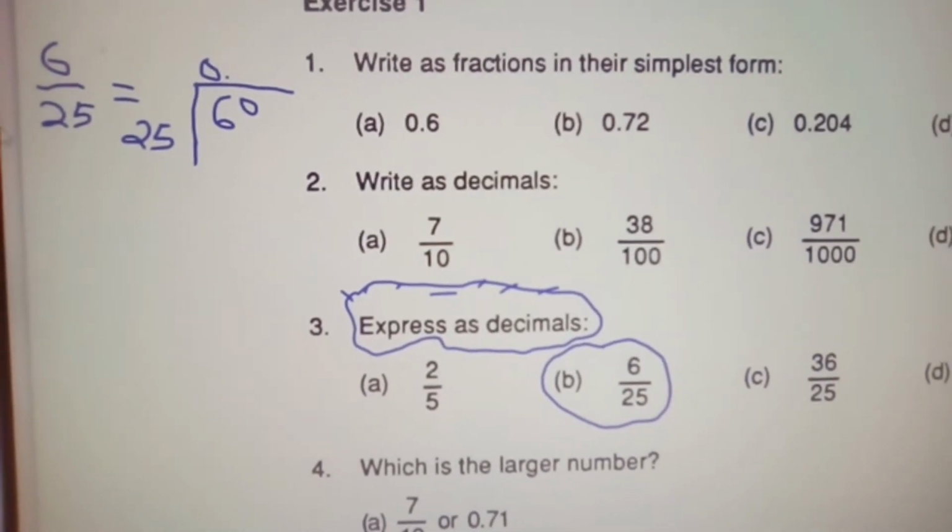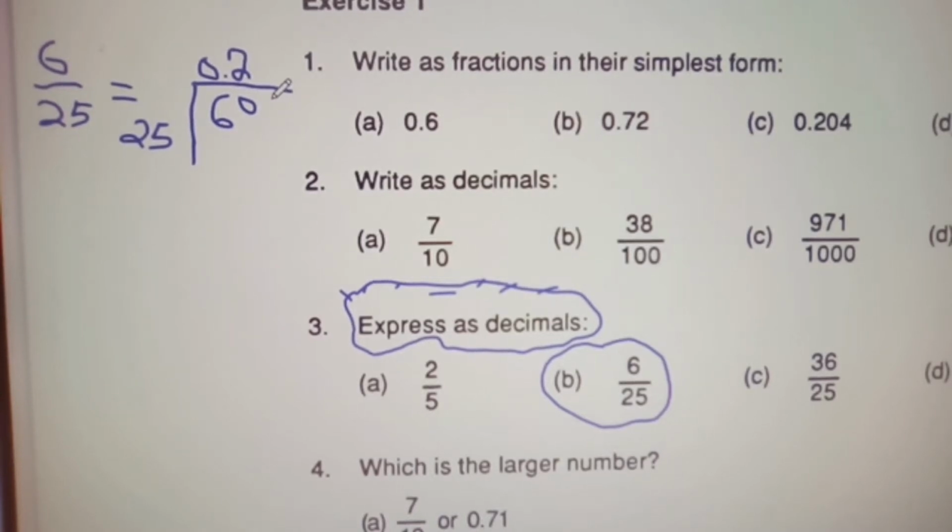It goes twice. Now what's left? 50 plus what makes 60? 10. So we're left with 10 here.